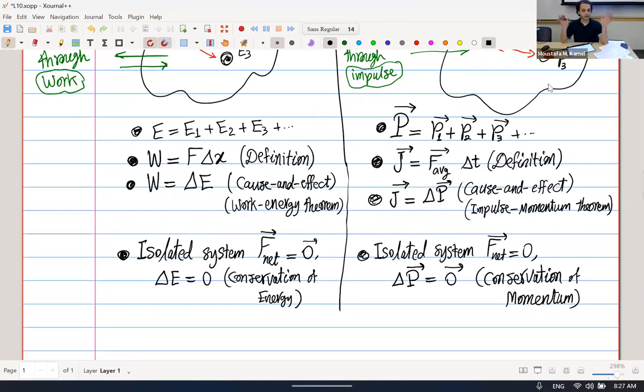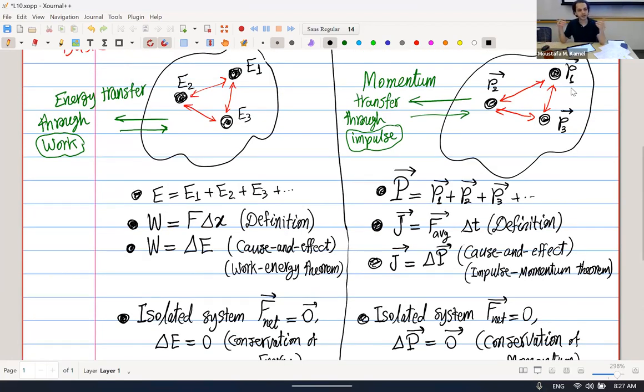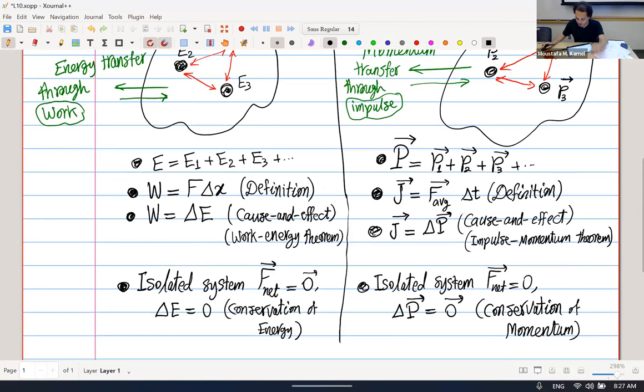Exactly the same as the total energy was conserved, meaning that the sum of all individual energies is the same, but energies inside the system can change. But if the addition of all energies is the same number, then we're fine. Same here, the individual momenta can change, but the sum of all momenta has to be the same number if the system is isolated.